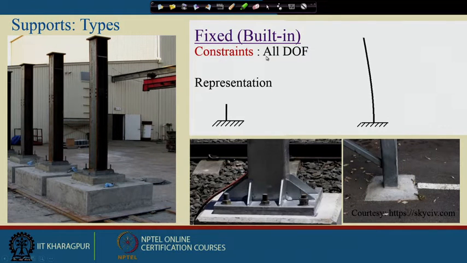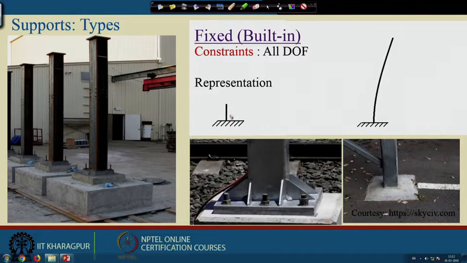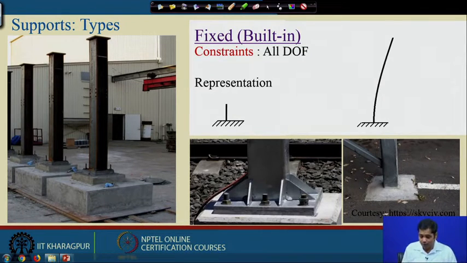For instance, we have fixed support. This is the way we represent fixed support. You all are familiar with all this. These are some examples of fixed support. In a fixed support, all degrees of freedom are constrained.